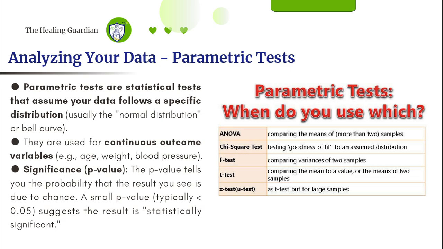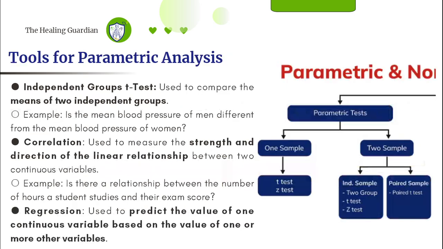So after you have cleaned the data and described it, you do the parametric test, that is if your data is continuous and follows a normal distribution. We can do the independent group t-test, or other t-tests or z-tests. For example, is the mean blood pressure of men different from the mean blood pressure of women?